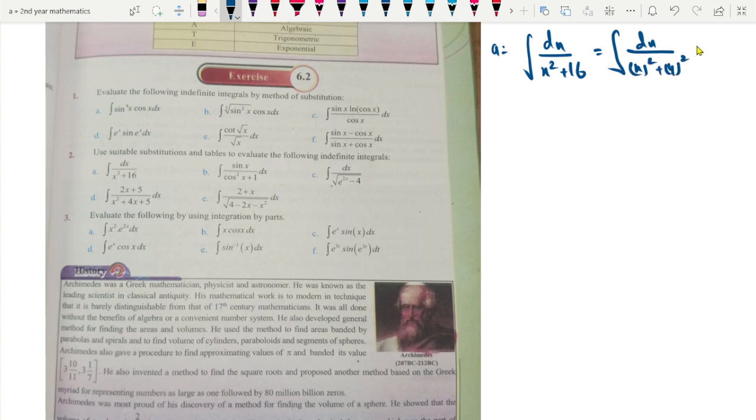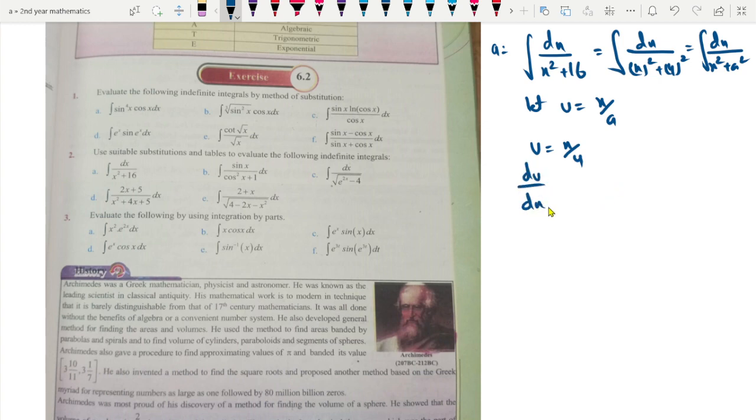By comparing this with dx over x square plus a square, here a is equal to 4 and x is equal to x. So we let u is equal to x divided by a, which is x divided by 4.